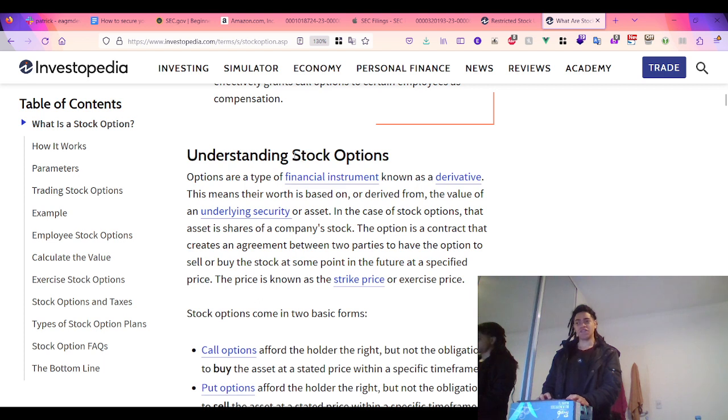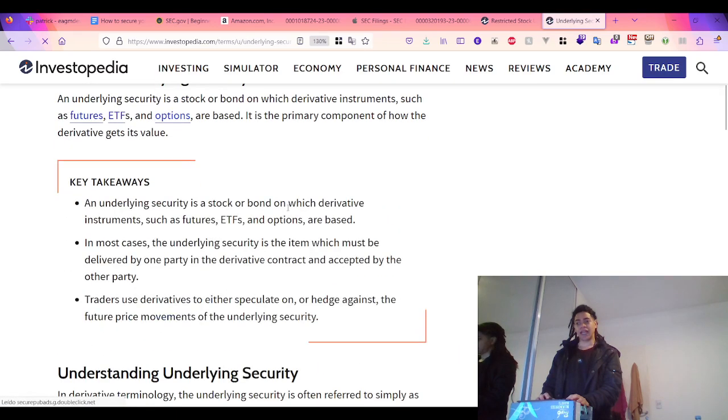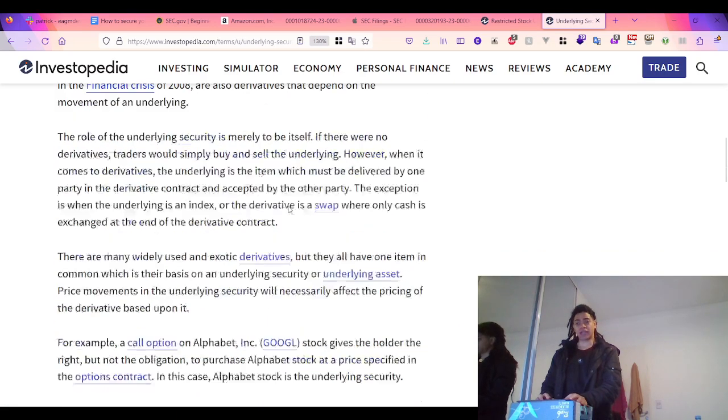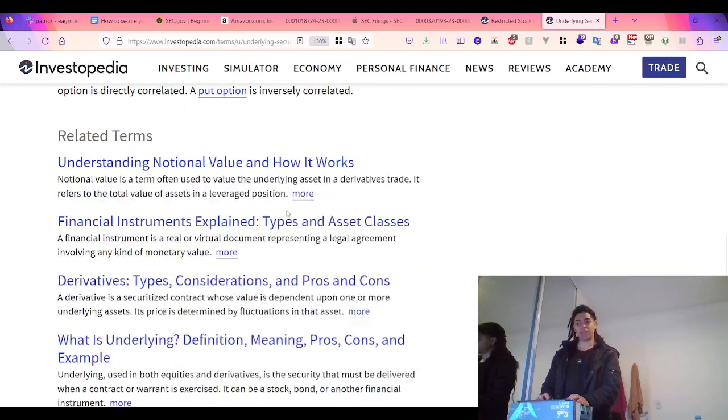The value of these stock options, because this is known as a derivative, is based on the underlying security or assets, whether it's an asset, a group of assets, or a benchmark.